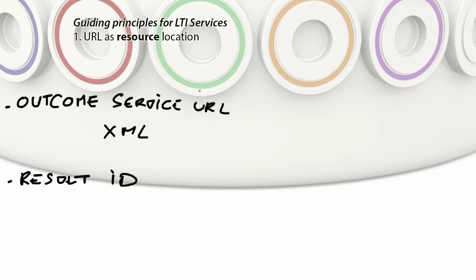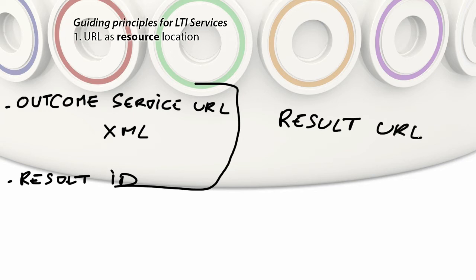So you see here the URL is really the URL of a service that takes XML commands, and the actual data you want to modify is another parameter. It's the ID. Well, a resource orientation of URLs means that you actually blend those two together. And now what you get instead is a result URL. So you get an addressable location for this result.